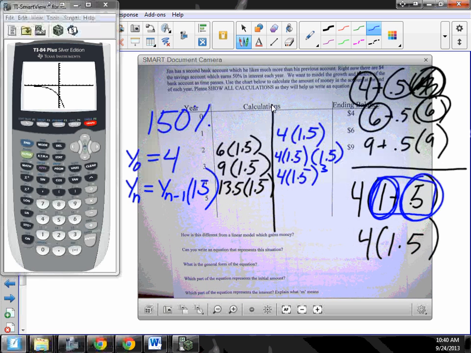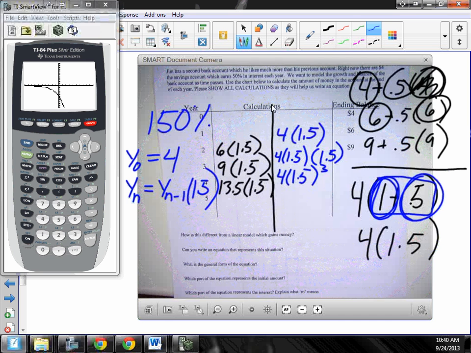And I believe that answer is, what is it? 13.5. So 13.5 goes here. And then for year 4, 4 times 1.5 to the 4th is 20.25.